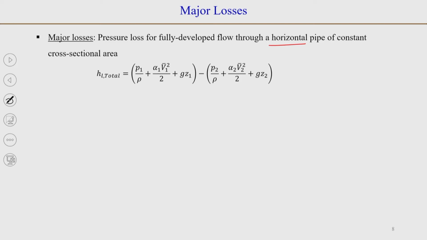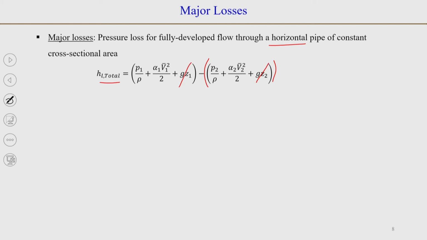H_L total is equal to (P1/rho + alpha1 V1^2/2 + g Z1) minus (P2/rho + alpha2 V2^2/2 + g Z2), of course, with all this in brackets. When you say that it is a horizontal pipe, then Z1 is equal to Z2, and this will cancel out.